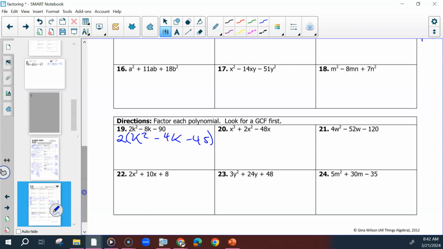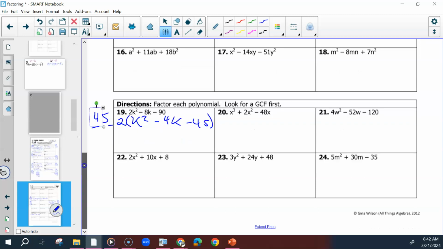We can't get rid of a term. Then the method is the same. We're looking for 2 numbers that multiply to be 45. Which would be 9 and 5. 1 and 45.